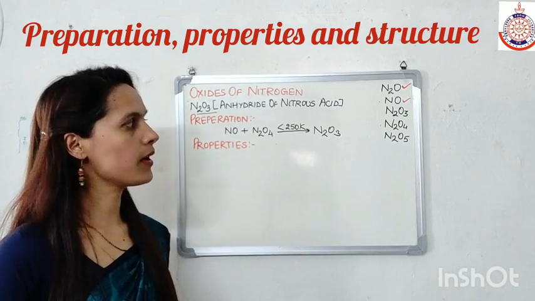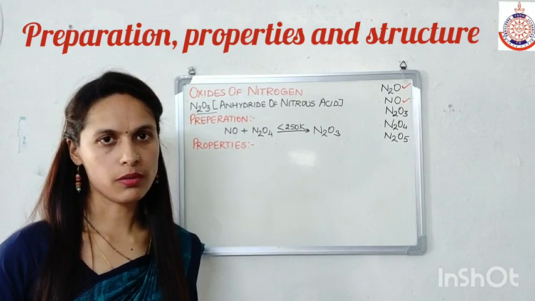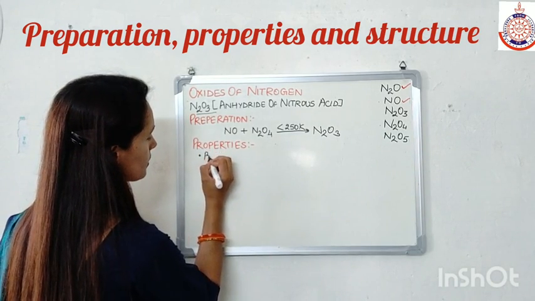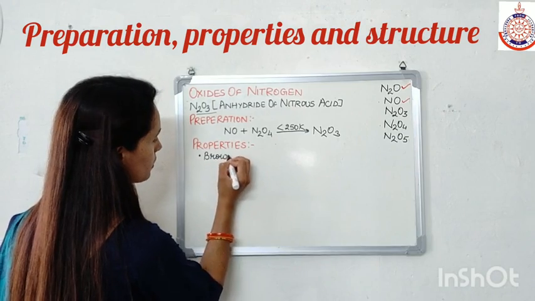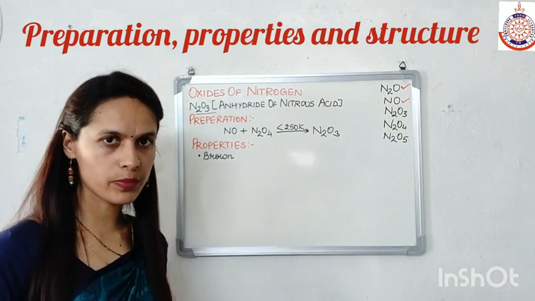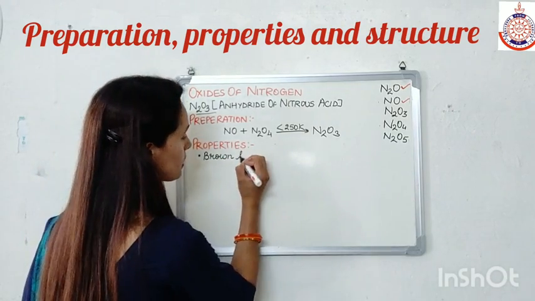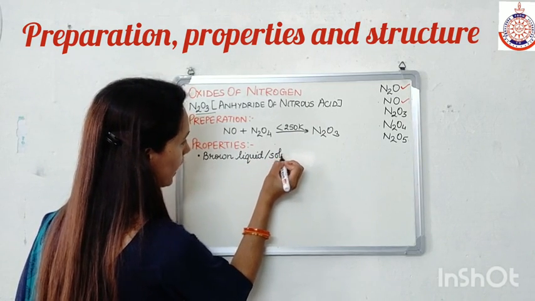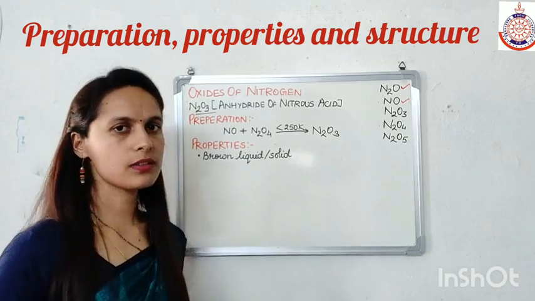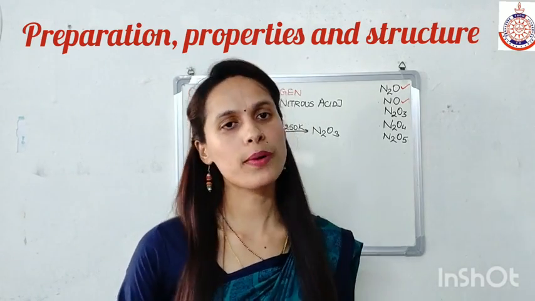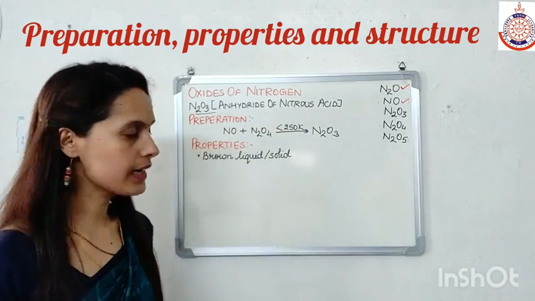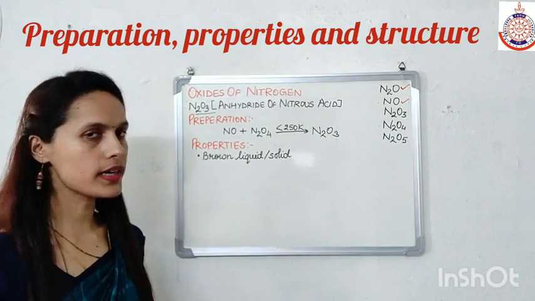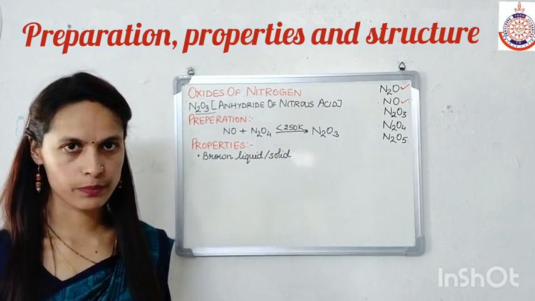But if I talk about N2O3, then N2O3 is brown, means its color is brown, and its physical state is either liquid or solid, but not gas. Means it is brown liquid or brown solid. So its color is brown and its physical state is liquid or solid.